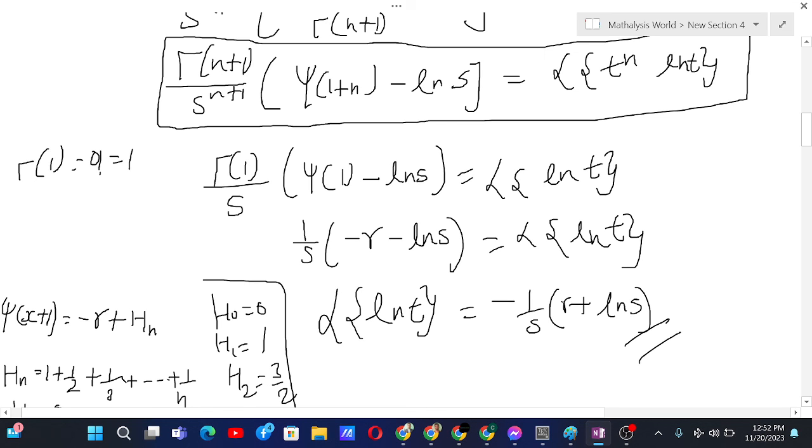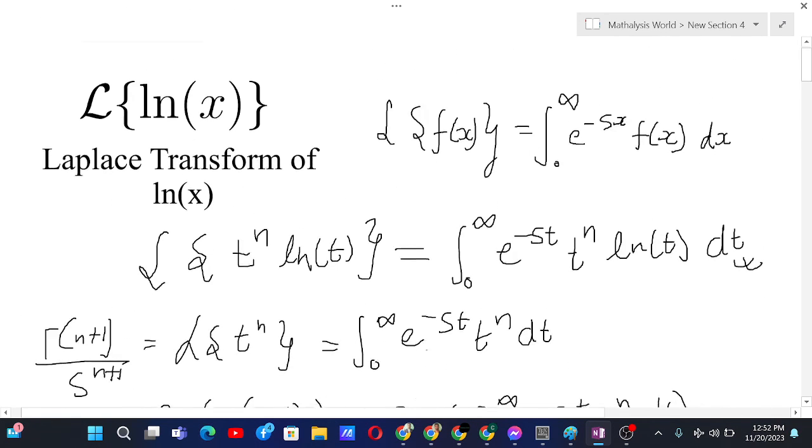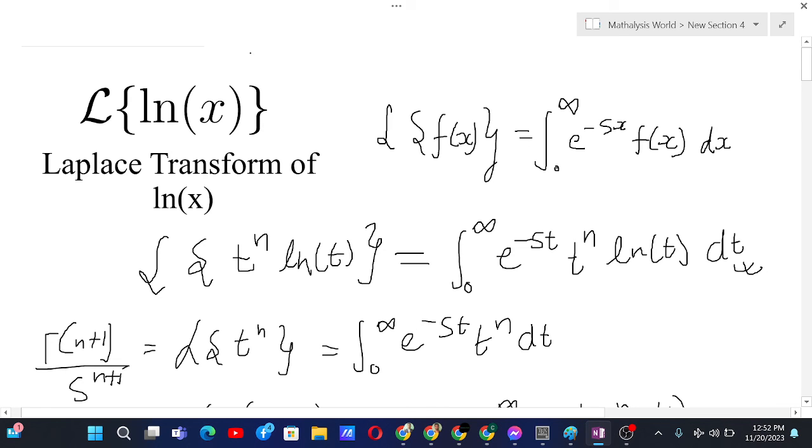So this gamma is basically the Euler-Mascheroni constant. That's the beautiful result, and we have finally derived the Laplace transform for ln of t. So this is negative 1 over s times the Euler-Mascheroni constant plus ln of s.